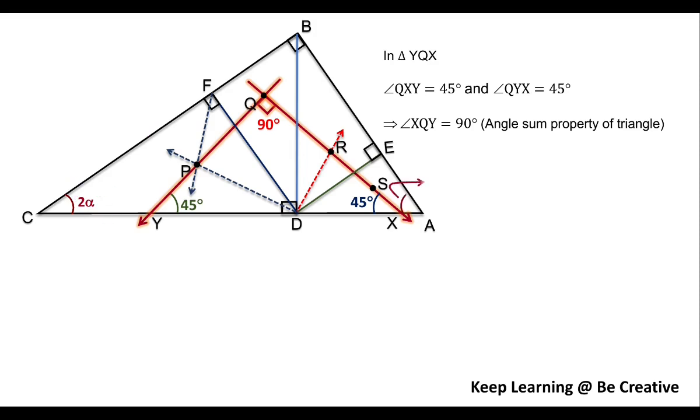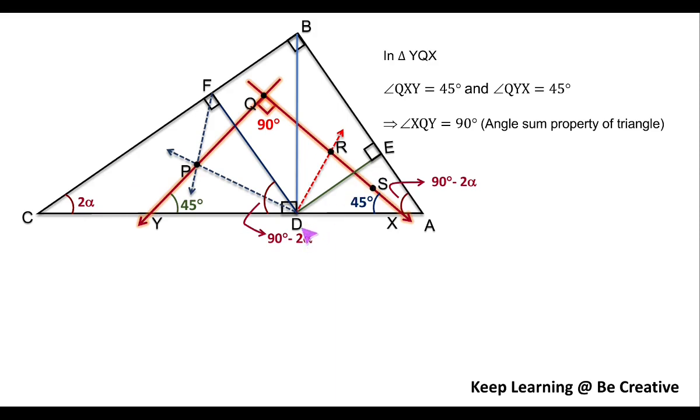Now if we consider angle BCD as 2 alpha, let us chase some more angles. We can write angle CAB as 90 minus 2 alpha, as triangle ABC is a right angle triangle, so these two angles will be complementary. Now we can mark angle FDC as 90 minus alpha. Again, CFD is a right angle triangle, so these two angles again will be complementary.